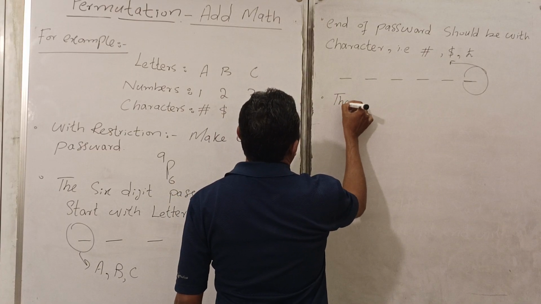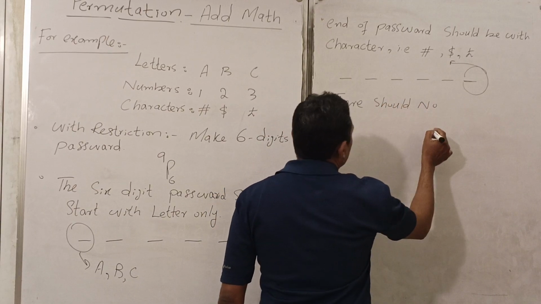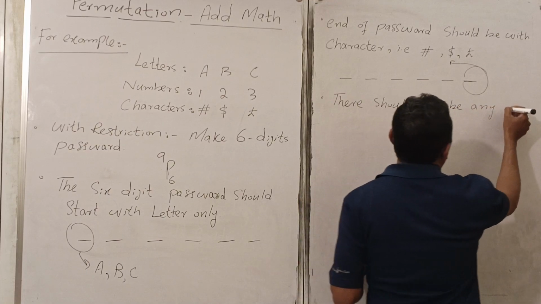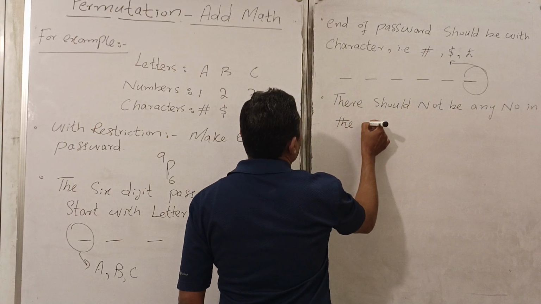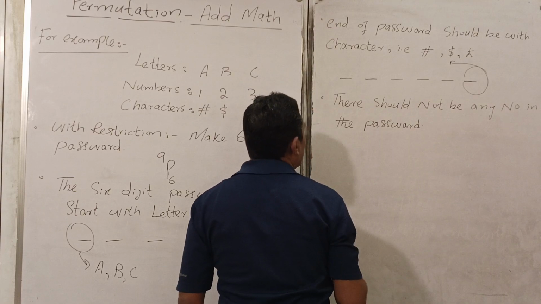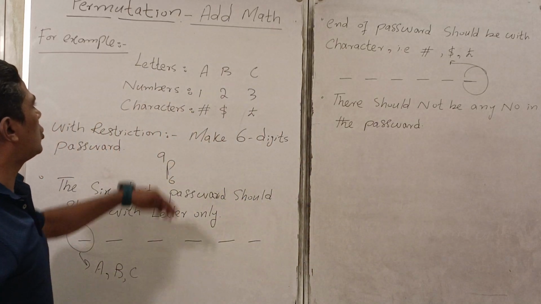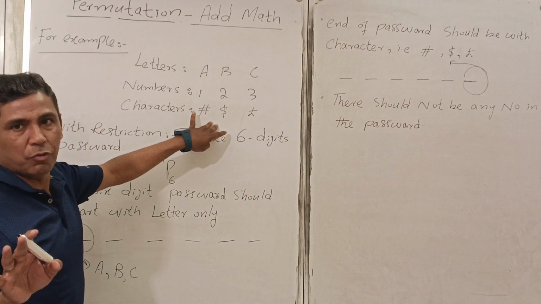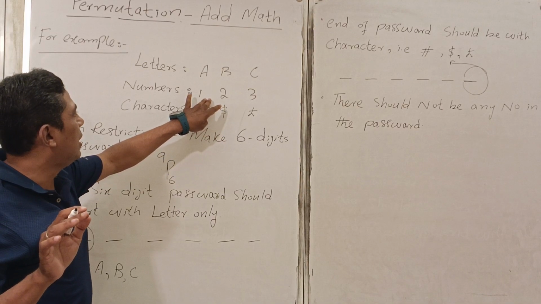So again, it means that out of 9 you will have 6, with the numbers subtracted.